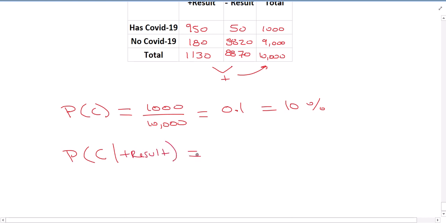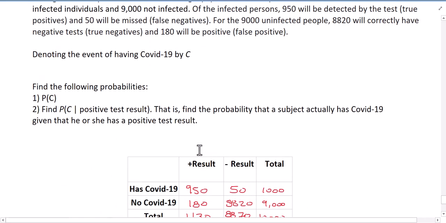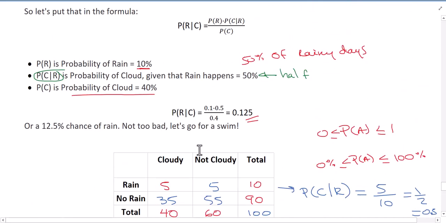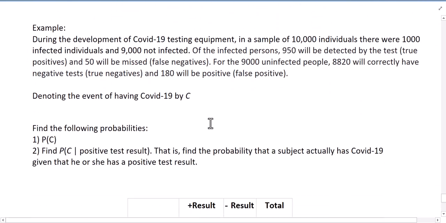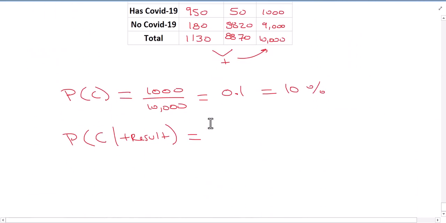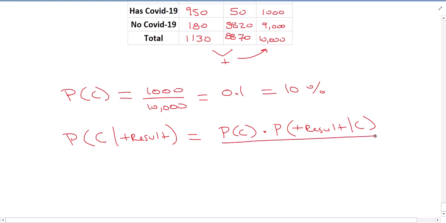And this is where Bayes' theorem will come in and say, okay, you will have to do this formula. It will be the probability of having COVID times the probability of having a positive result given that you had COVID, divided by the probability of a positive result.